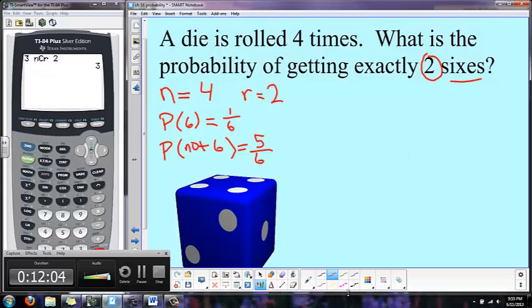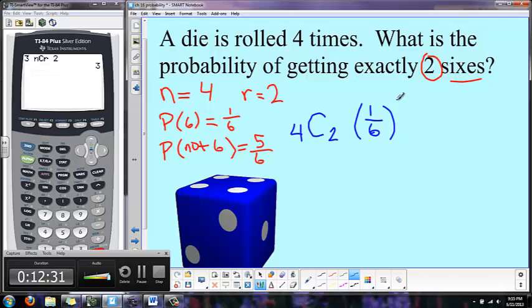The first part of our equation was always the combination. I'm doing nCr. So 4 is our n, C 2. You don't even have to think about it once you set this up. 4 choose 2. Then in parentheses, my probability of success is 1/6. How many times do I want to get a 6?